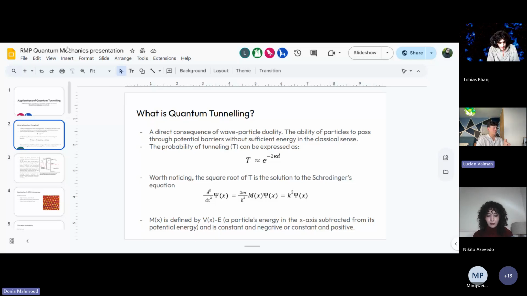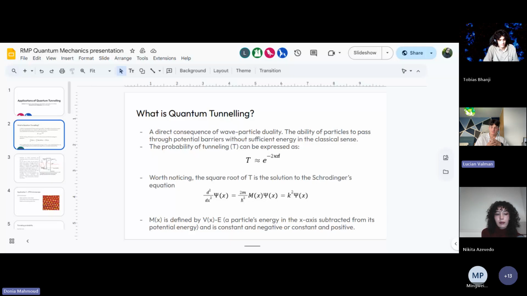So just to introduce quantum tunneling first. It's a consequence of the wave-particle duality, which is one of the main parts of quantum mechanics. In the classical sense, if a particle doesn't have enough energy to go through a barrier, it can't, and it never will.